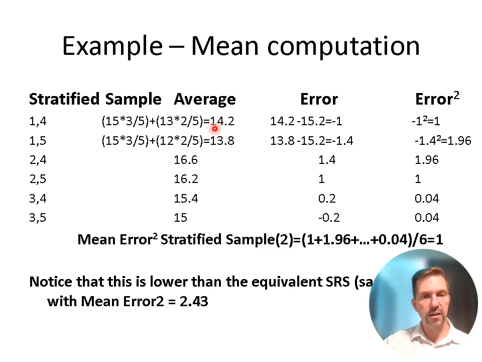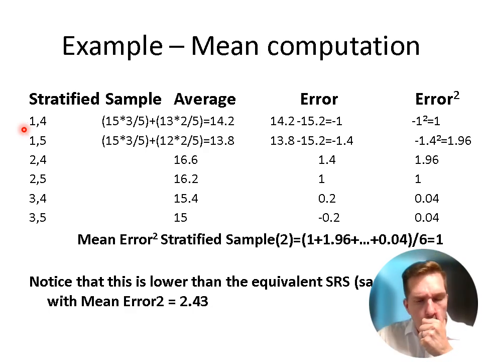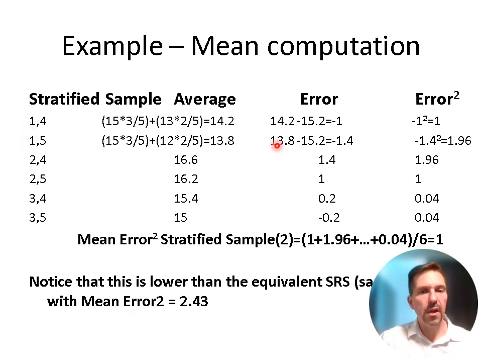What do you have in here? We have our sample estimate or statistic, which is 14.2. It's a weighted average. Okay. This is what we think is the best guess about what's happening in the population, given a stratified sample. And remember, in this case, we know the value in the population.